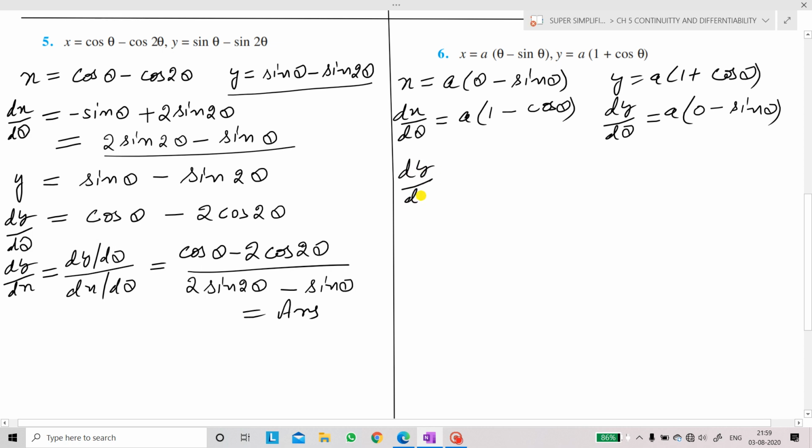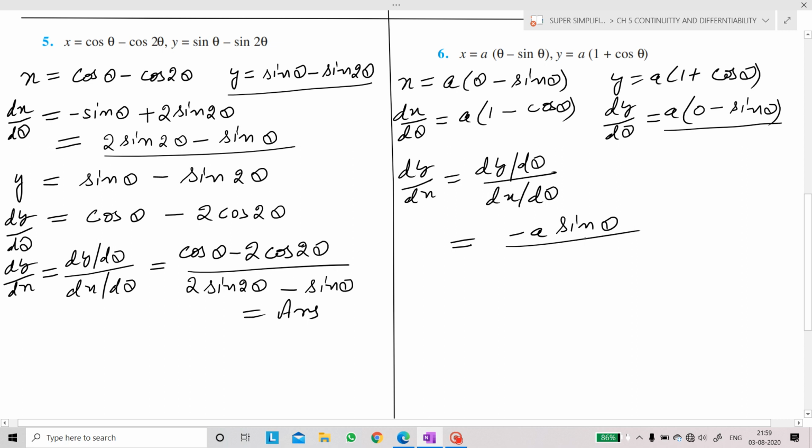Now we have to find dy by dx. So dy by dx will be nothing but dy by d theta divided by dx by d theta. So we write the expression for dy by d theta, which is minus a sine theta in the numerator, and we divide it by the expression for dx by d theta, which is a into 1 minus cos theta.